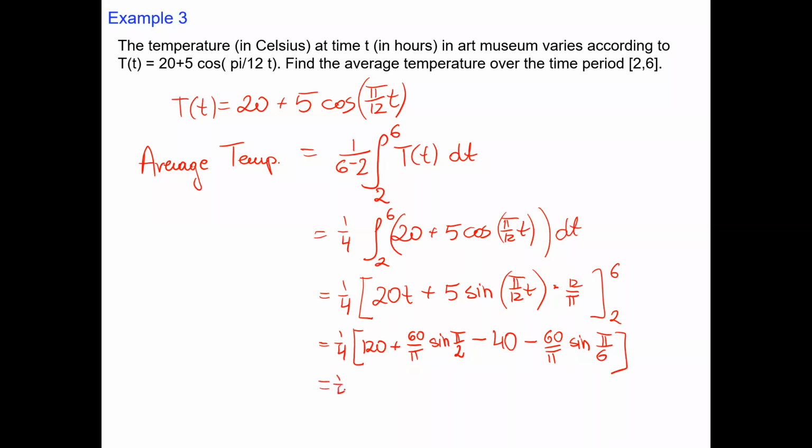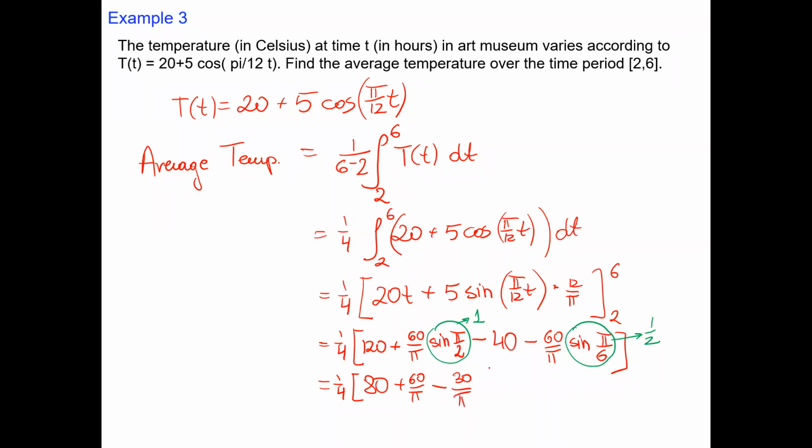Okay, what we have? 120 minus 40 is 80. And then sine of pi over 2, you definitely know that this value is 1. And this value is 1/2. Then this is 60 over pi, minus 30 over pi, and this will be 30 over pi, right?